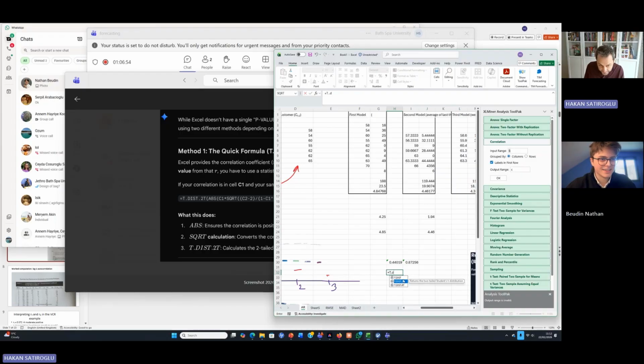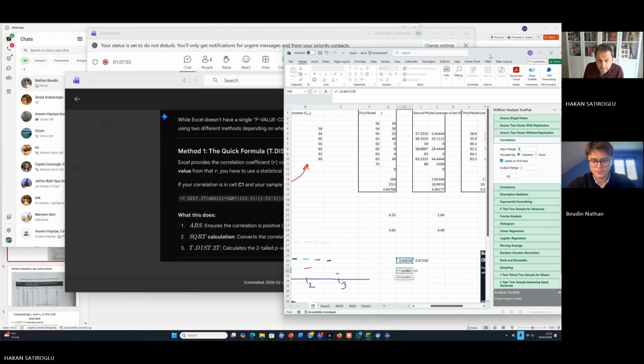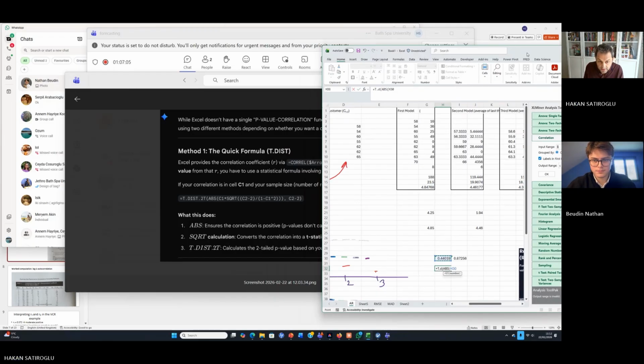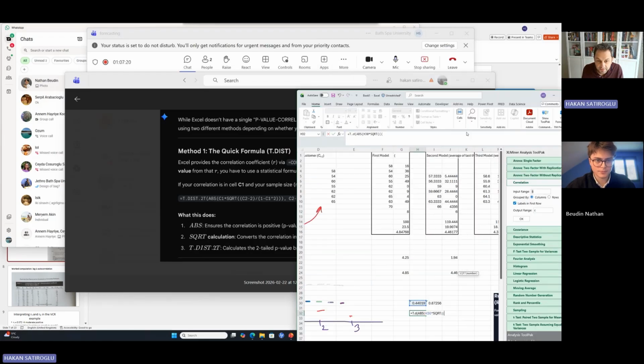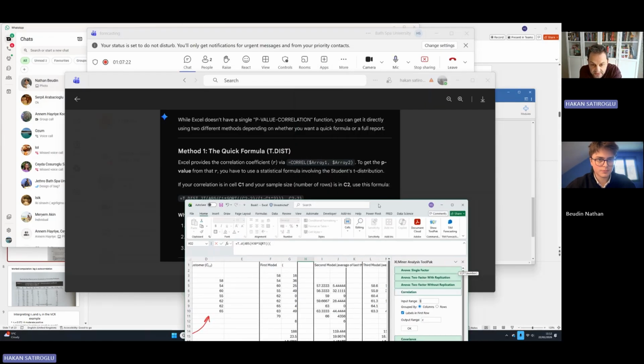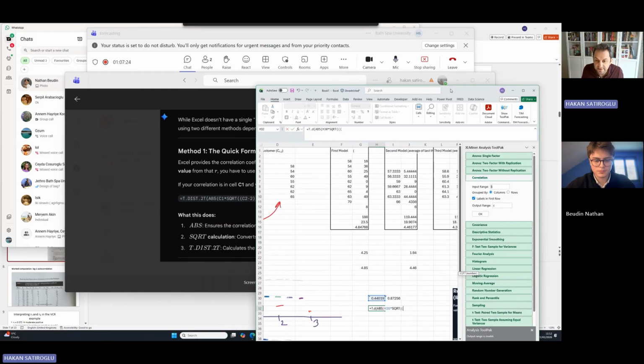So T, ABS, then the correlation value is that one. Okay, then times square root. I decided to use your first formulation. C2 is the sample size, isn't it?